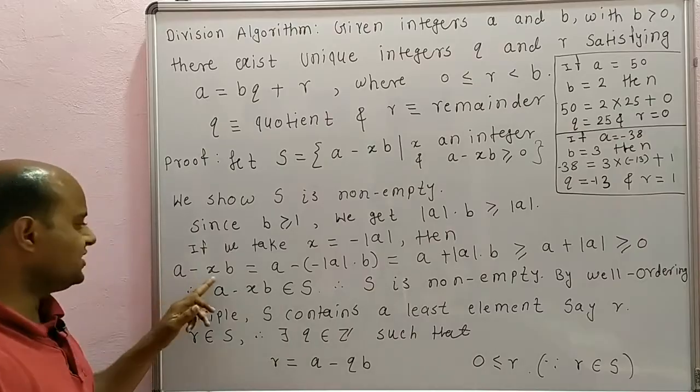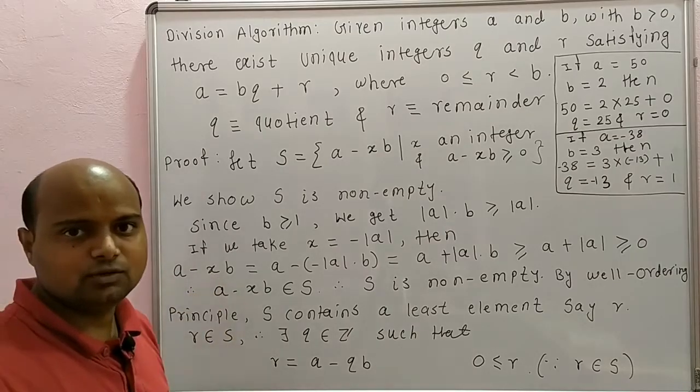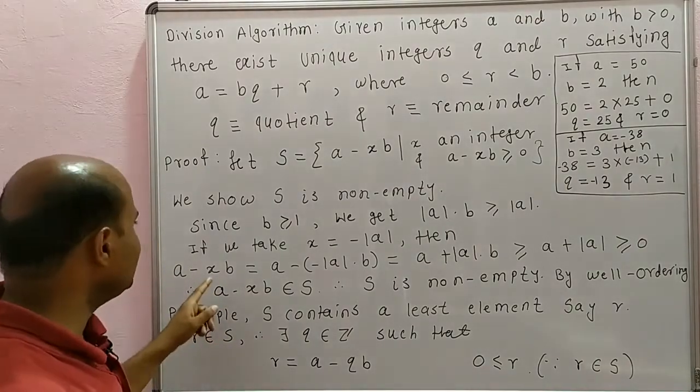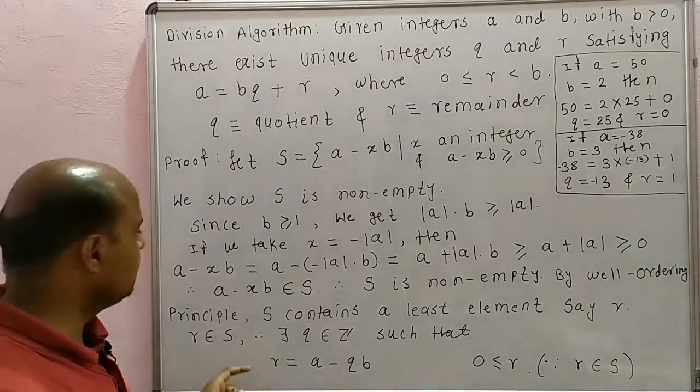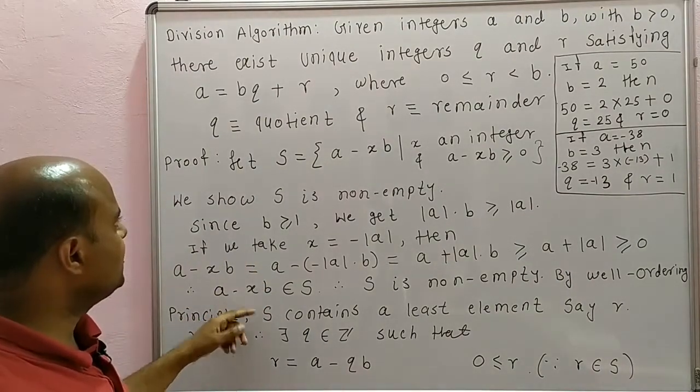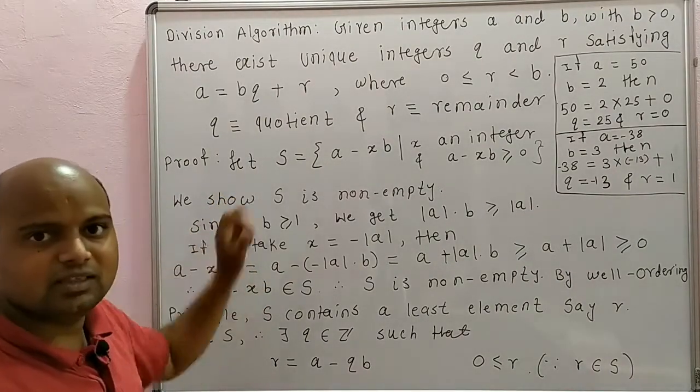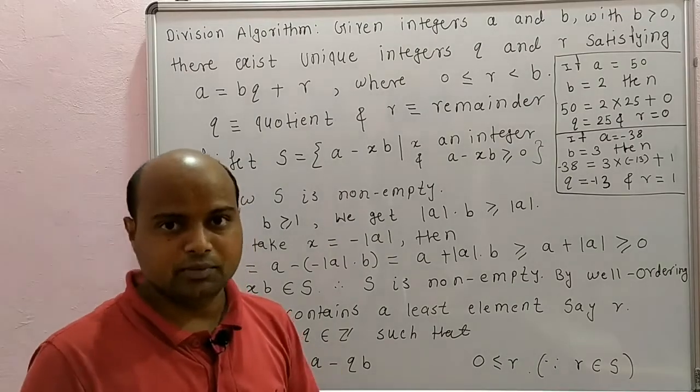Therefore, A minus XB is greater than or equal to 0 and X is an integer. Therefore, A minus XB will become an element of S, and therefore S is non-empty.